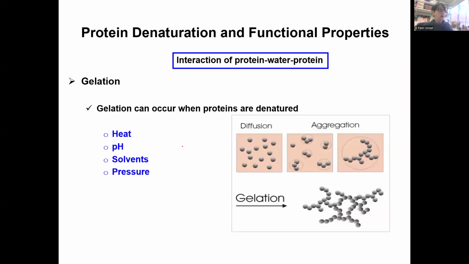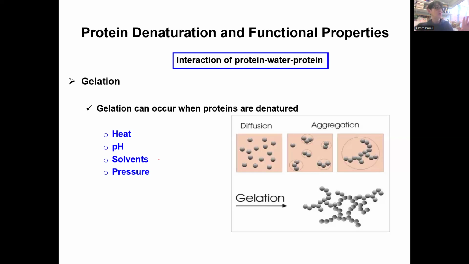So how does the gel occur? First of all, in formation of a gel, it is essential that the protein denature in some way so that we have exposed reactive groups, hydrophobic groups, free sulfhydryl groups if they are present. So once we induce protein denaturation, we can also induce protein-protein interactions. The conditions are essential so that instead of forming an aggregate and precipitation, we induce slow formation of that protein network.